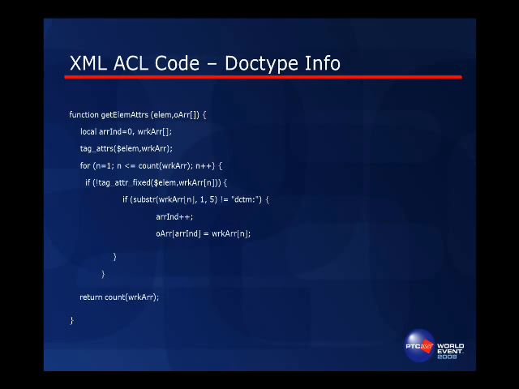As you can see, what I'm doing here is I'm filtering out the Documentum namespace attributes. I do not want to allow the user to change those. I'm only populating my working array with those attributes whose names do not start with DCTM. Next page, please.